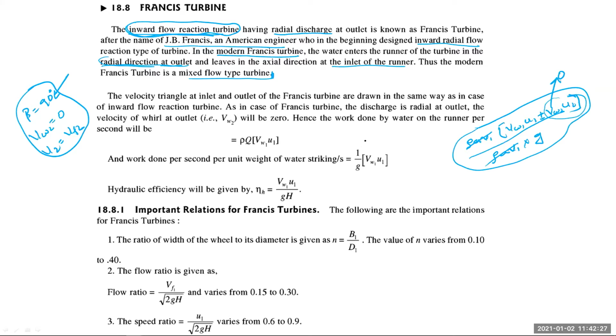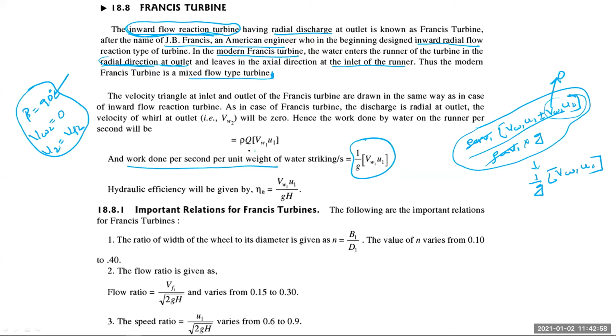What is left is 1 by g, inside the bracket VW1 U1. So in a numerical, if it is asked, this is the work done per second per unit weight of water. And how to remember this, I have shown you here. You have to go with your basics: rho A V1, VW1 U1 plus or minus VW2 U2, just for your memory.